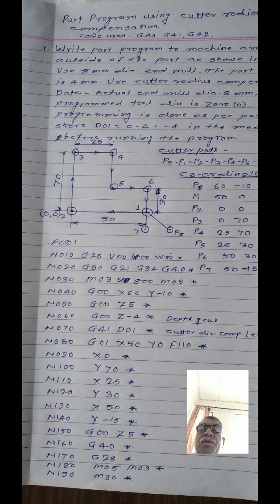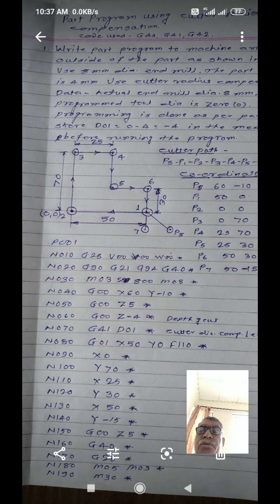Here, as shown in the figure, the direction of cut is clockwise, so we have to use the code G41, cutter compensation left. Very simple. And you have to use the address, that is the offset code, D01. When the cut is in clockwise direction, you have to use the offset code D01. When you are using G42, your offset code is D02.